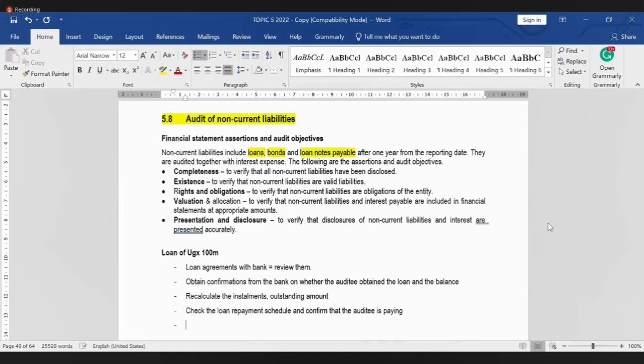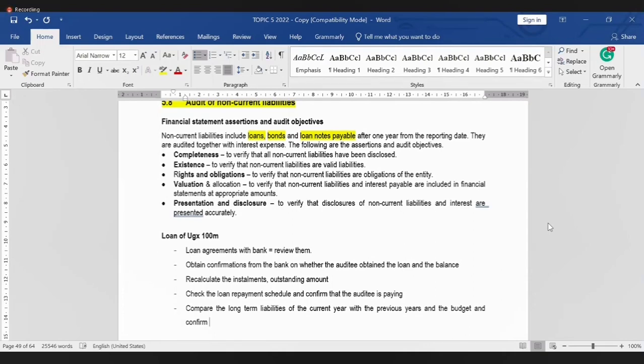You're going to compare the loans or the long-term liabilities of the current year with the previous years and the budget, and confirm and investigate increased borrowing, because increased borrowing could be problematic to the entity.